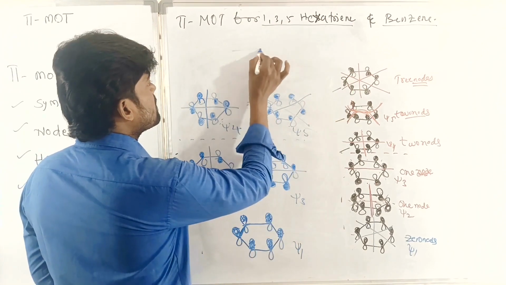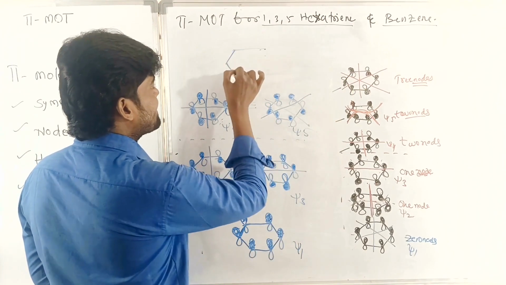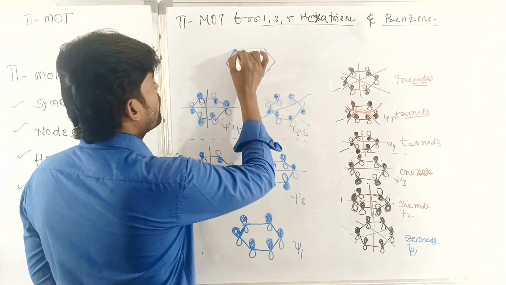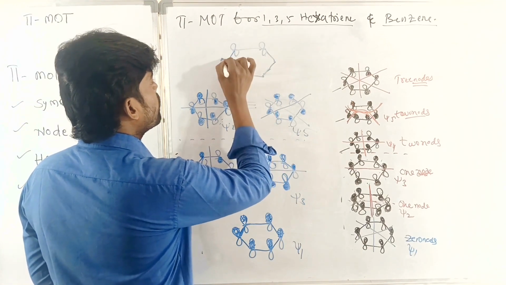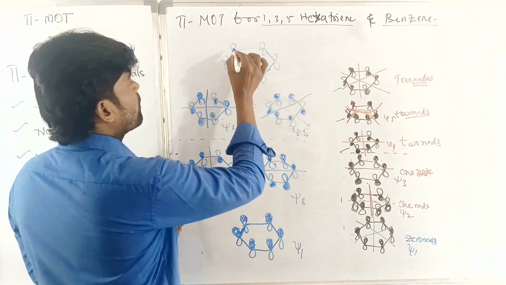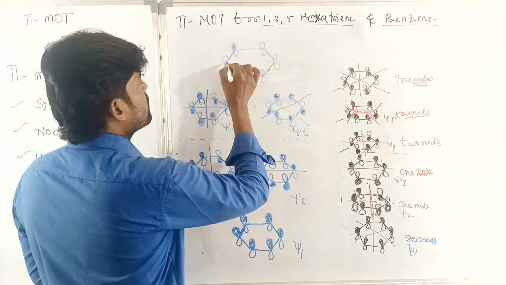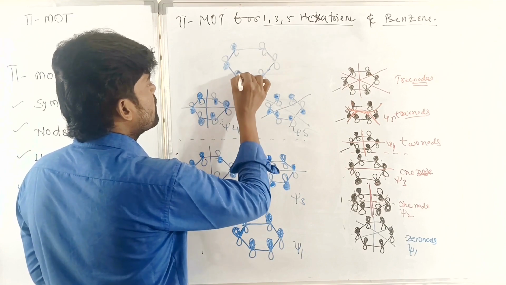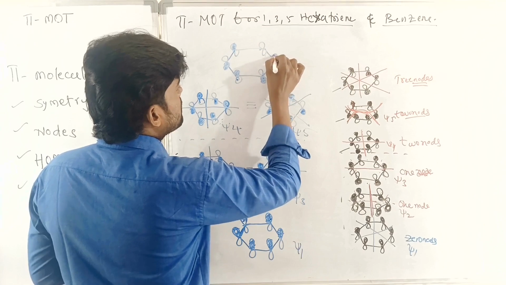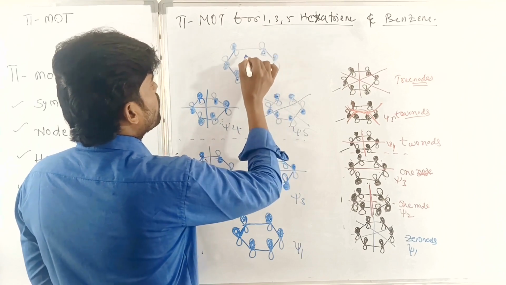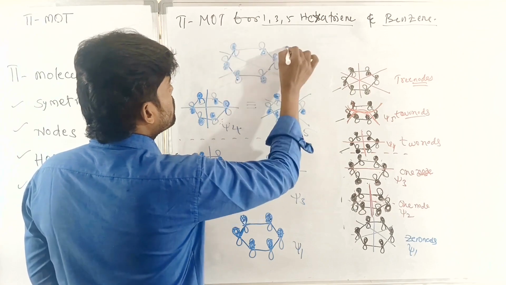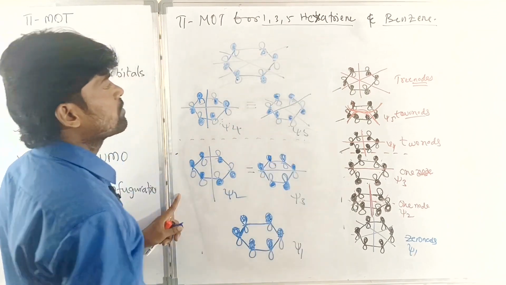Next, coming to psi 6, it occupies the highest energy compared to psi 1, psi 2, psi 3, psi 4 and psi 5. So C1, C2, C4, C5, all are opposite. So we can cut into this one, and this one.